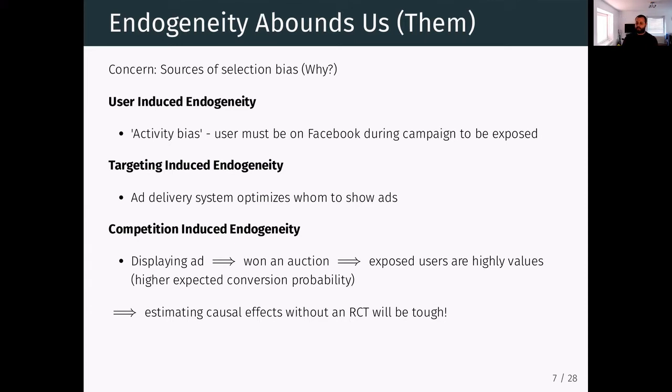They're going to compete in an auction or target exactly who they're going to target within that age group, because there are different things you can sub-target on. The ad delivery system looks at how your ad's performing and might make adjustments.